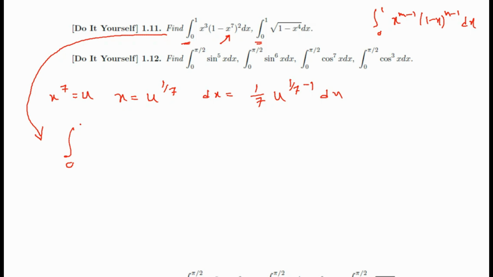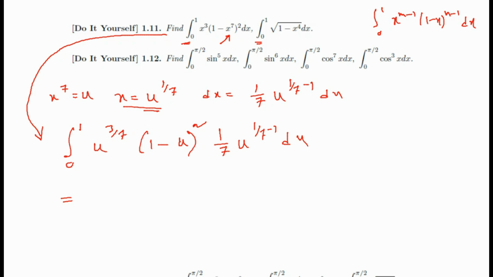So the limit will be 0 to 1, x cubed becomes u to the power 3 by 7, and 1 minus x to the power 7 is 1 minus u, whole square is also there, no problem, and dx is 1 by 7 u to the power 1 by 7 minus 1 du.